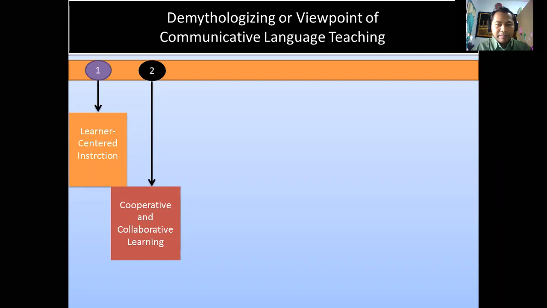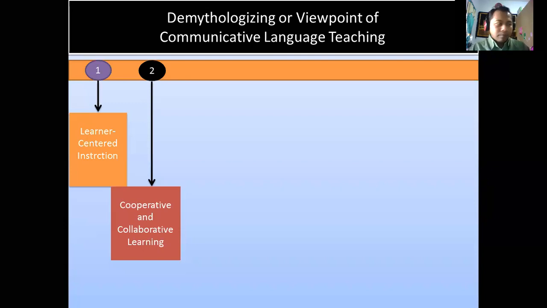But basically, cooperative and collaborative learning is not individual learning, but a group activity or pair activity with some principles.